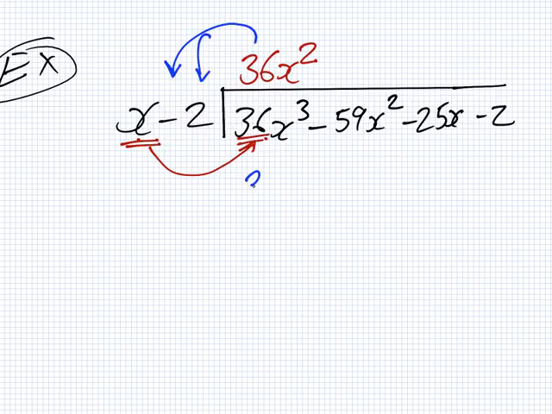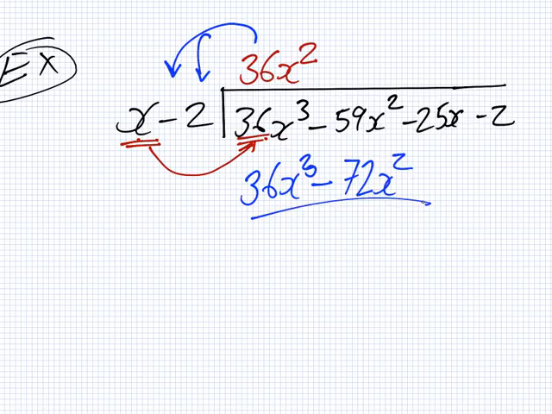So you get 36x cubed minus 72x squared. That multiplies both. And then the next step is, does anyone know? Minus. So we take away, so they cancel. And then this will be minus 59 minus 72, which is plus 72. So what's that, 13, is it?